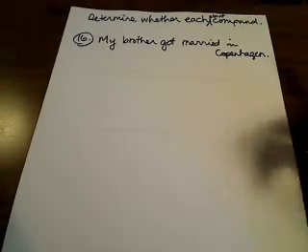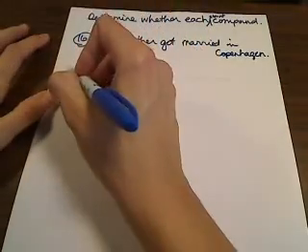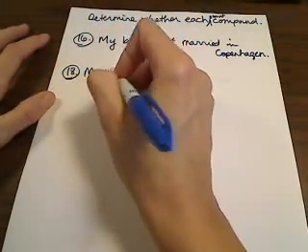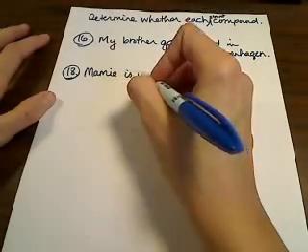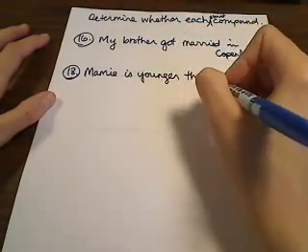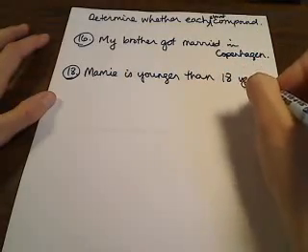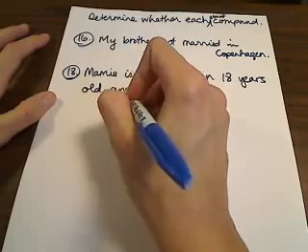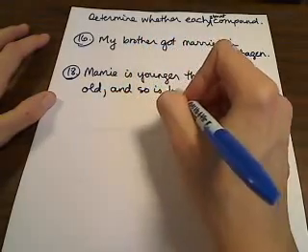Versus something like number 18 in the book says this. Mammy is younger than 18 years old, and so is her friend Emma.